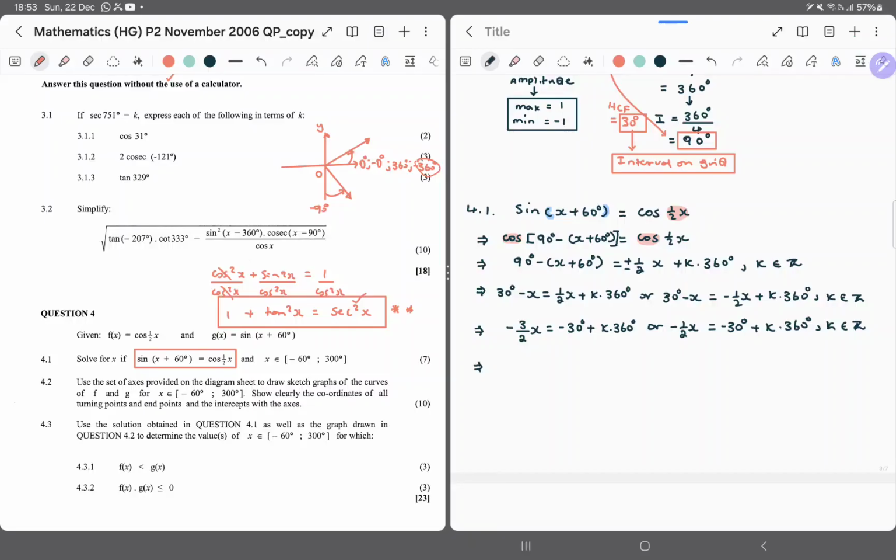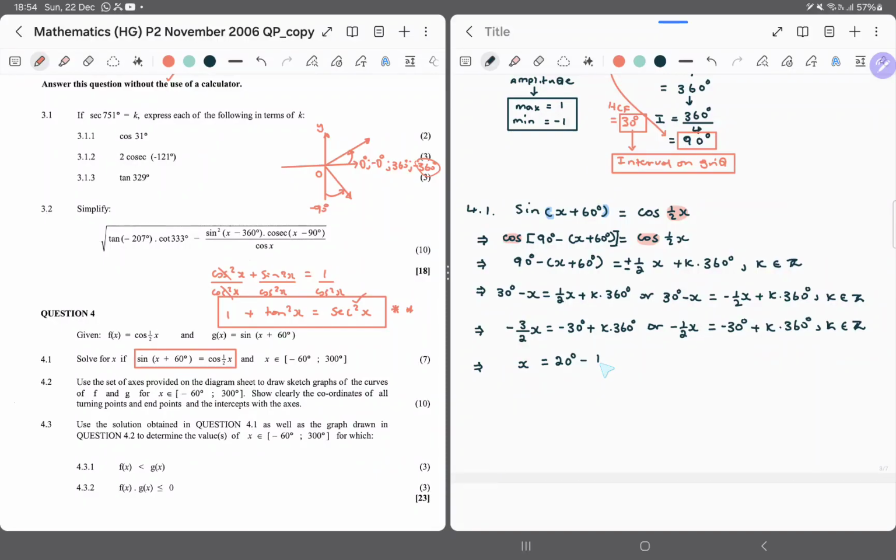Okay, guys, so what do we do now? We just simply divide by negative 3 over 2. So we know that x is going to be, cross multiply that, that's 60 divided by 3, that's 20 degrees, minus, because this is negative again, this is 720 divided by 3, which is 240.